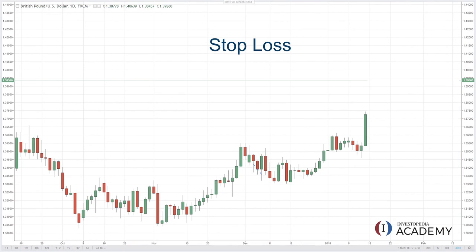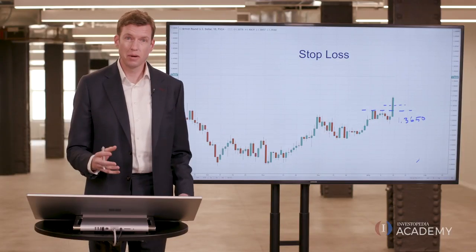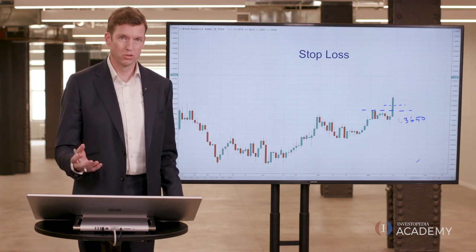Now here I'm returning to a chart that we've already seen. This is the pound. And let's say that an investor wanted to get into their position at 136.50, so right up there, but they're a little bit concerned about the amount of risk that they are exposed to.